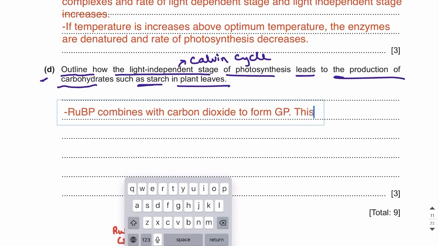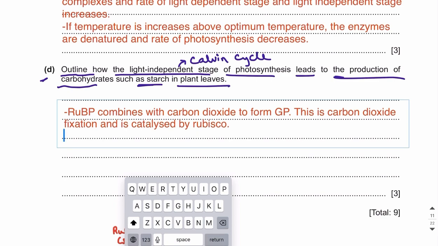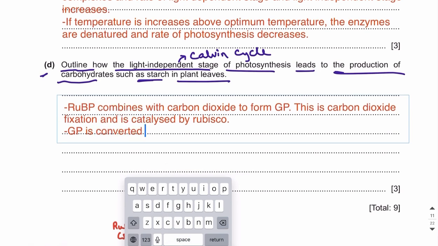This is carbon dioxide fixation, and is catalyzed by Rubisco, right? Then GP is converted to TP.